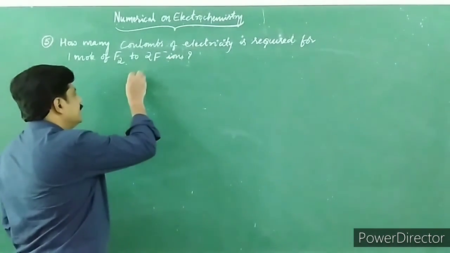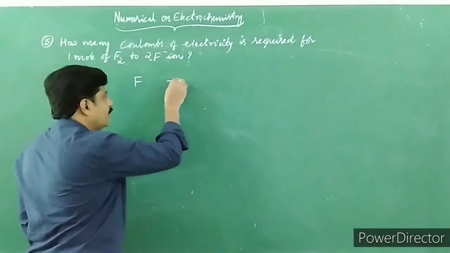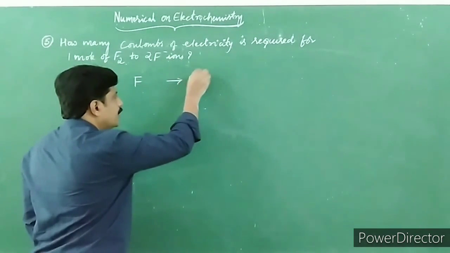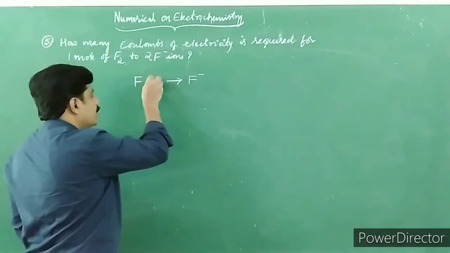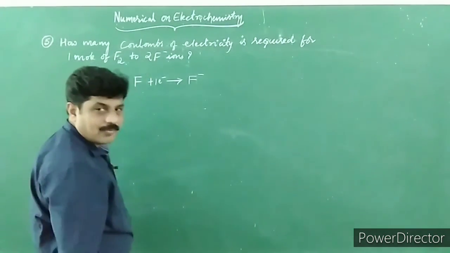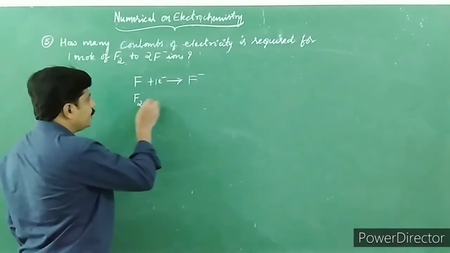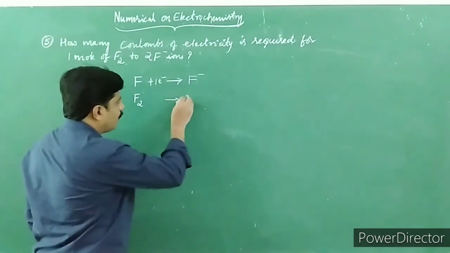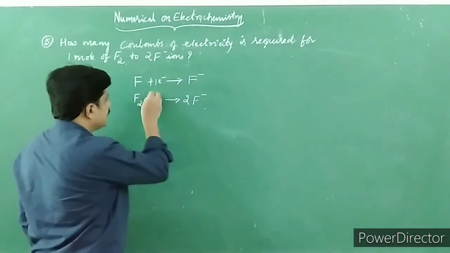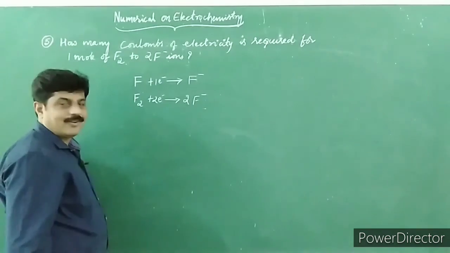For the reduction of 1 fluorine atom to fluoride ion, you require 1 mole of electrons. Now, for a fluorine molecule to get converted into 2 fluoride ions, you can guess you require 2 moles of electrons. Is it not?